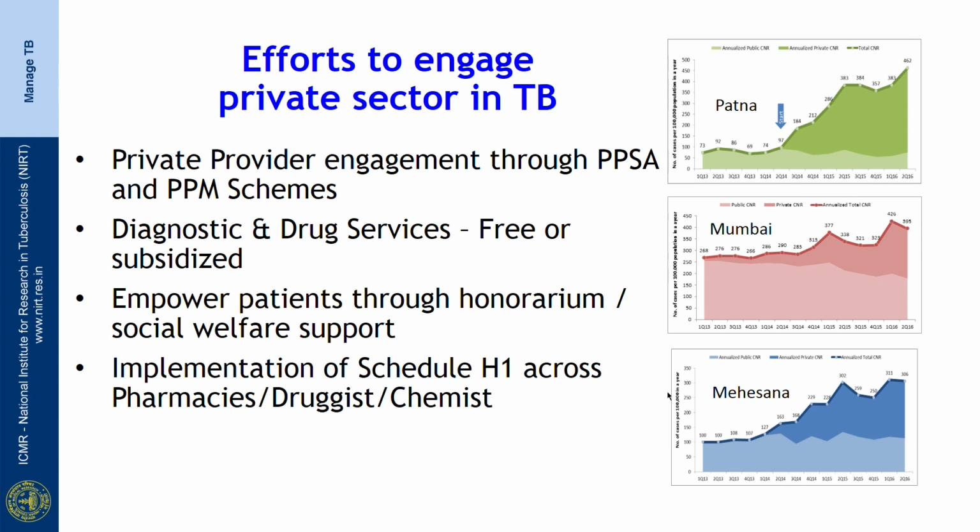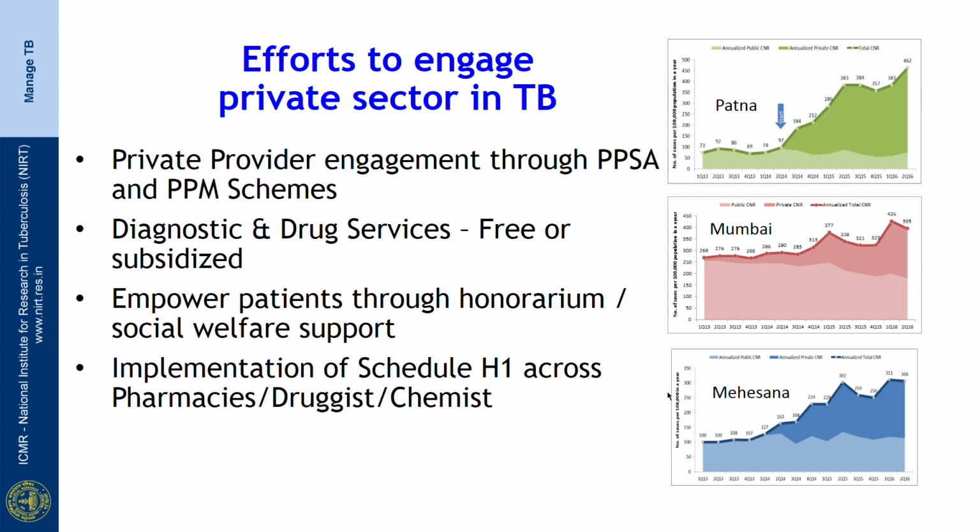Also, the program has reached out to the pharmacies and chemists to monitor Schedule H1 drugs. Since anti-tuberculosis drugs are all Schedule H1 drugs, the pharmacist is mandatorily expected to maintain the name, a copy of the prescription and the patient details.